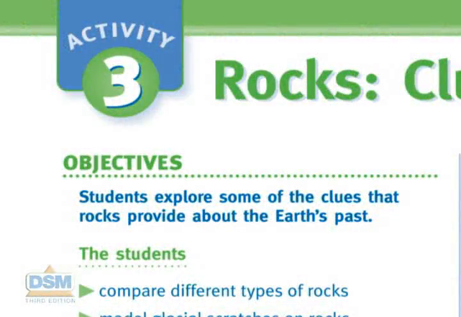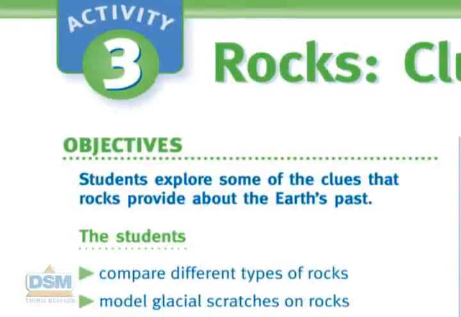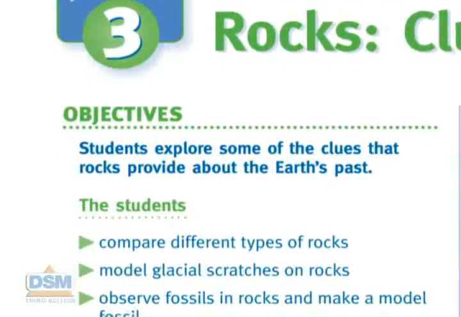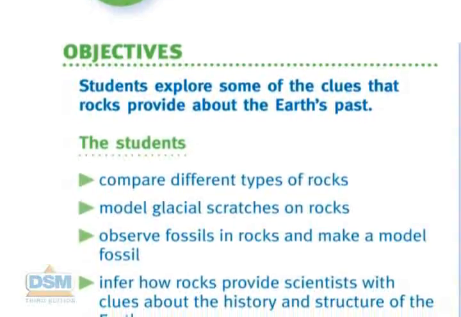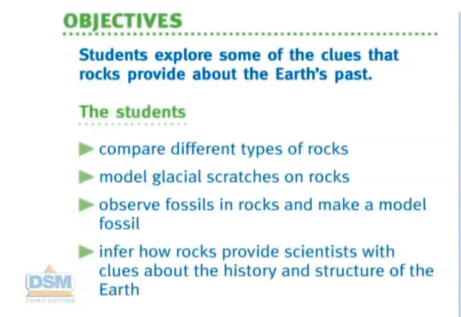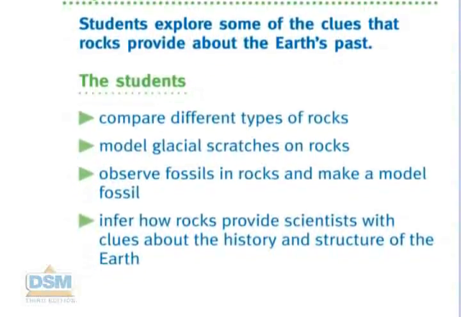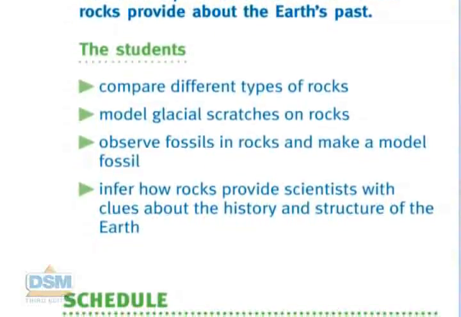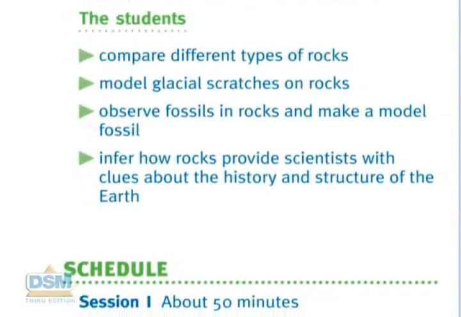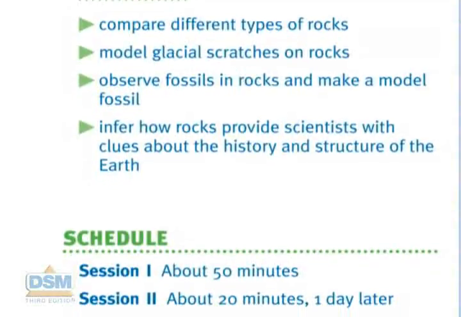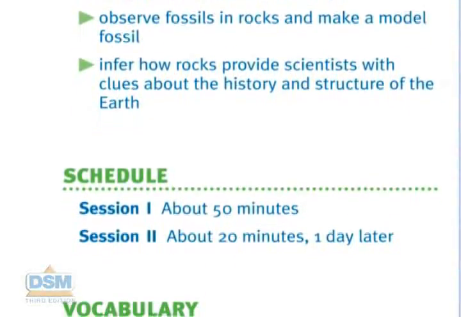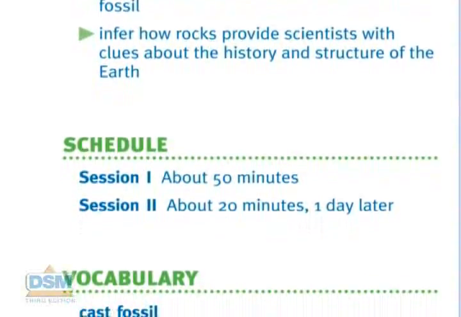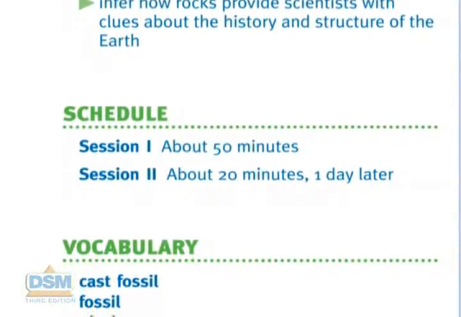In Activity 3, students explore some of the clues that rocks provide about the Earth's past. They compare different types of rocks, observe fossils in rocks, make a model fossil, and infer how rocks provide scientists with clues about the history and the structure of the Earth.